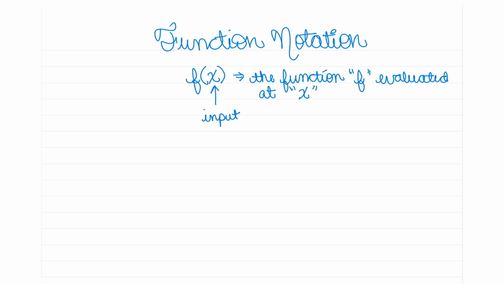So when we plug in something, x in this case, into a function, no matter what it is, we are going to receive an output. So the function f evaluated at x, that result is y. Right? And that's why f of x equals y. What it is not is a multiplication problem. This is not f times x.